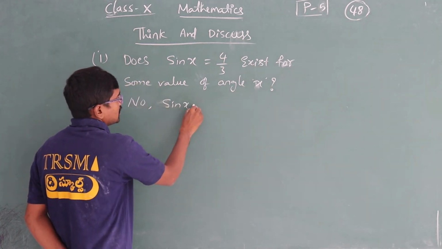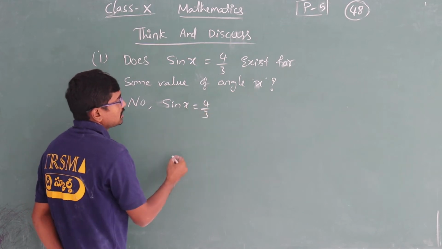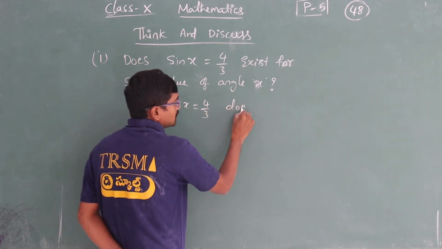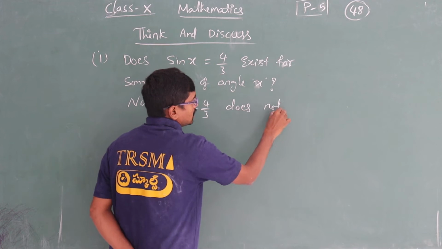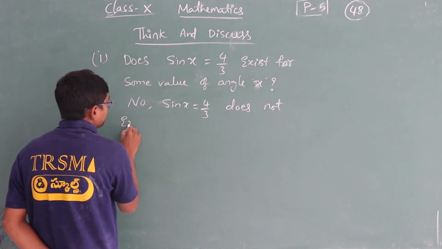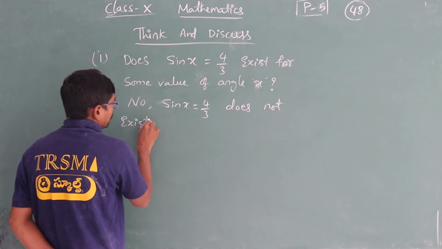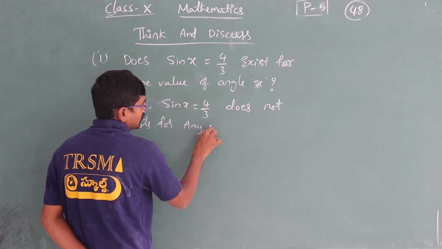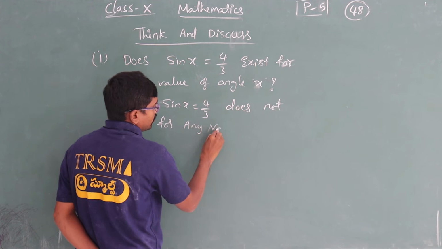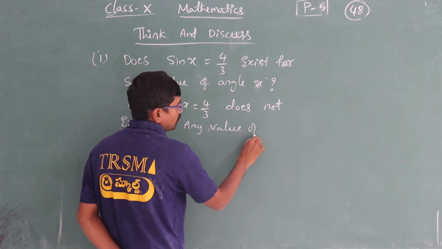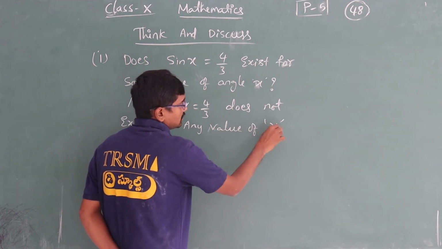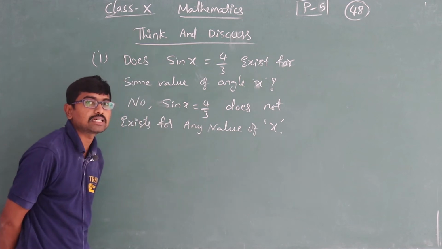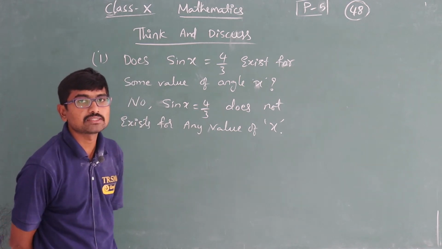Sin x equal to 4 by 3 does not exist for any value of angle x. Now can anyone tell me the reason?